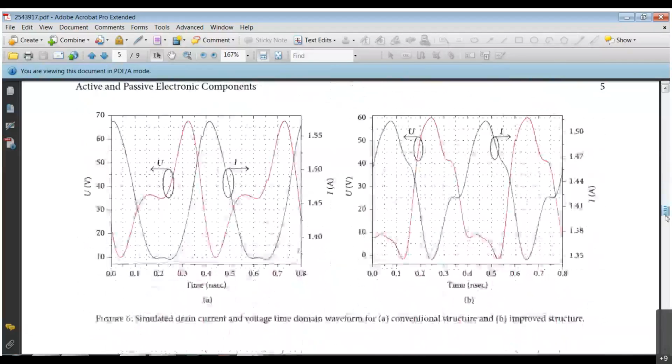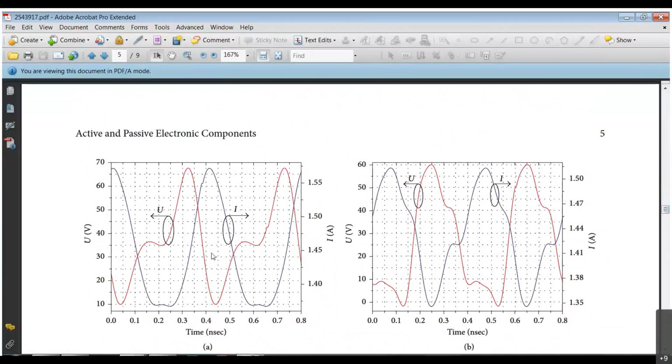So initially they get this kind of result on the left hand side, then they optimize it for efficiency, and what they get is on the right hand side. On the right hand side you can see that the waveform is neither like half sinusoid, nor like square. But on the left hand side it appears that current has half sinusoid and voltage is not at all square waveform.